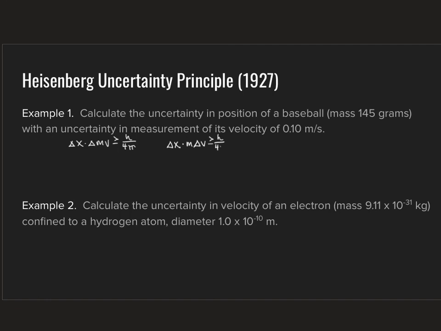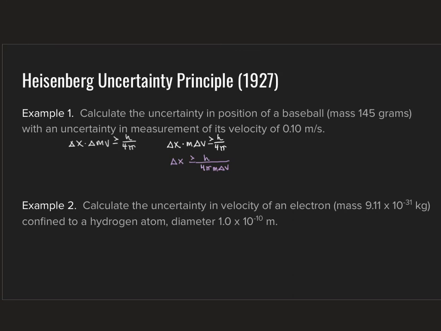We'll rearrange the equation to solve for the uncertainty in position by dividing both sides by the uncertainty in velocity, which yields delta x equals h over 4 pi times the mass times the uncertainty in the velocity.